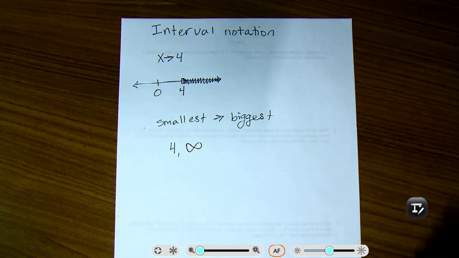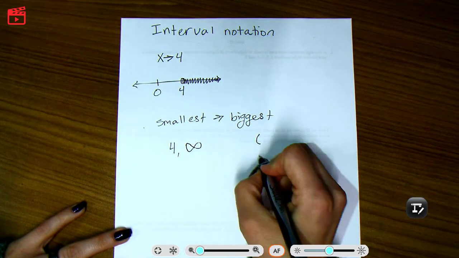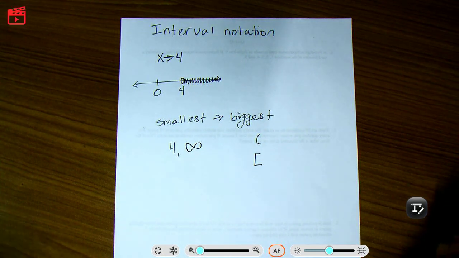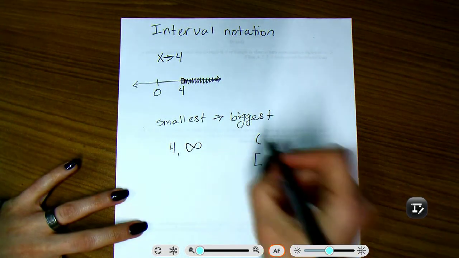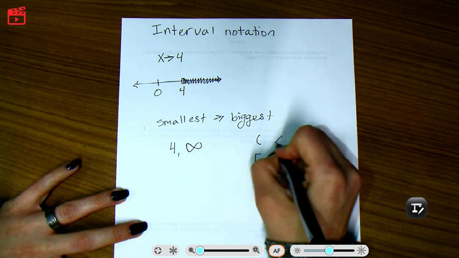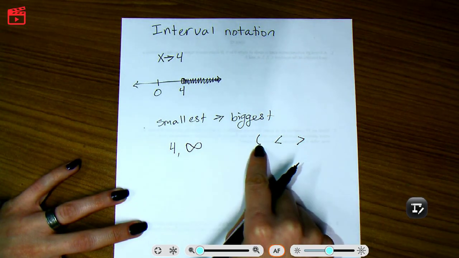Now, interval notation will either use a parenthesis or a bracket, depending on if the value is included or not. If the value is not included, or it can't be equal to that value, then we'll use a parenthesis. So if we have a strictly less than or greater than symbol, then that will go to a parenthesis.